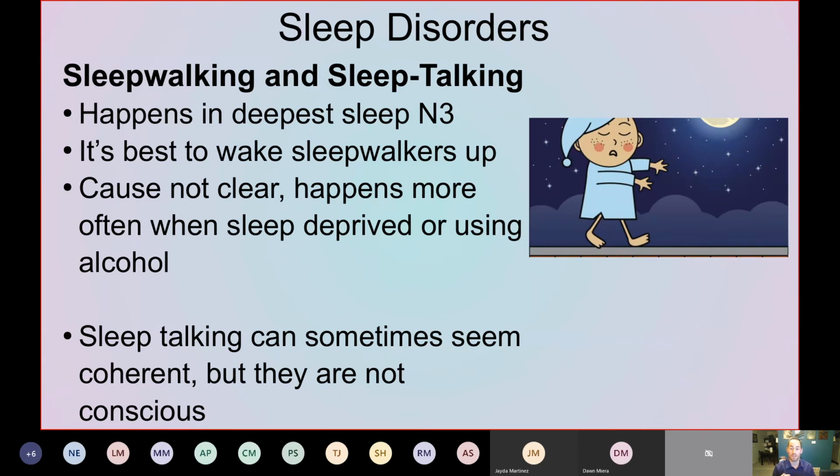So subconsciously, we can actually run those processes and have full conversations with people when we're not aware of it at all, when we're sleep talking. So it is tied to the subconscious in the sense that this is a process that your brain can just run by itself, that you might not be consciously aware of. It's not subconscious in the sense of the Freudian subconscious.